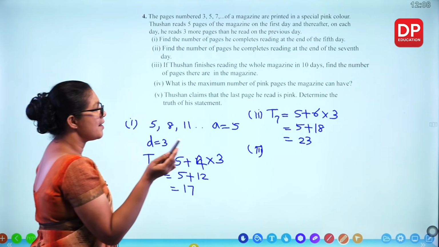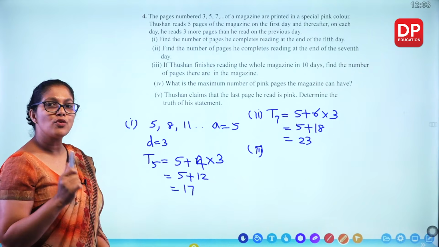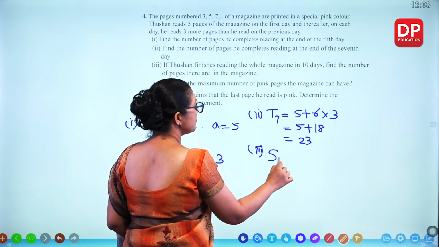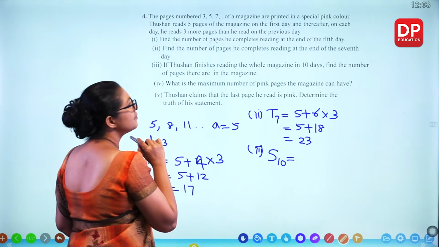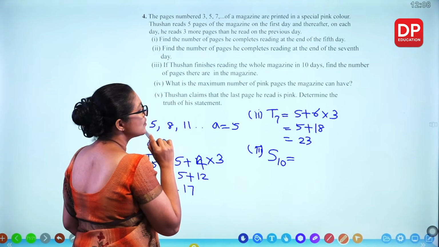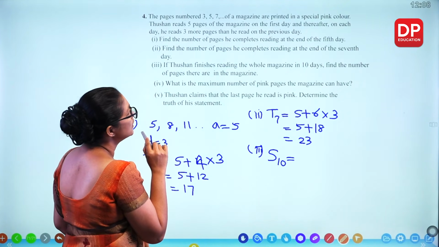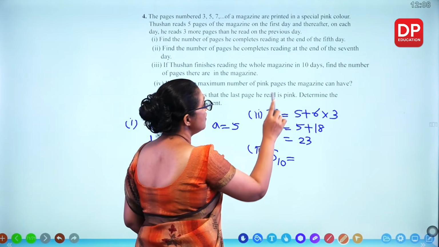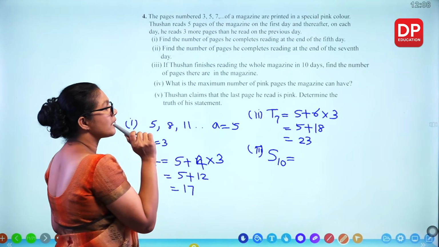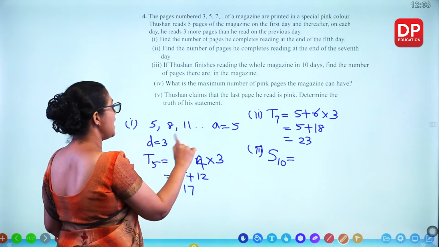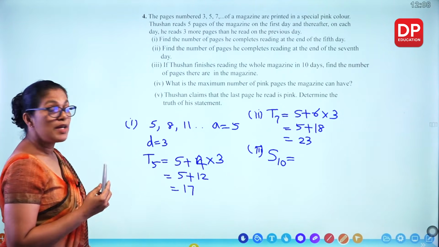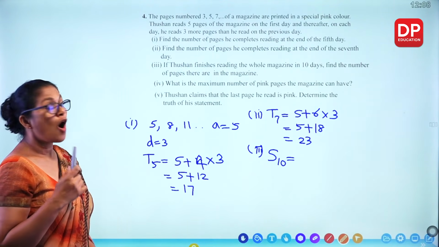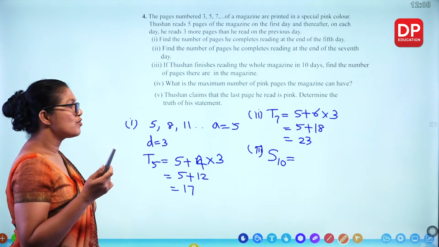So 10th day, we have to find out the total number of pages. S10. What's S10? We know d equals 3 and a equals 5, but we don't know how many pages for 10 days. So you can't use the other formula.